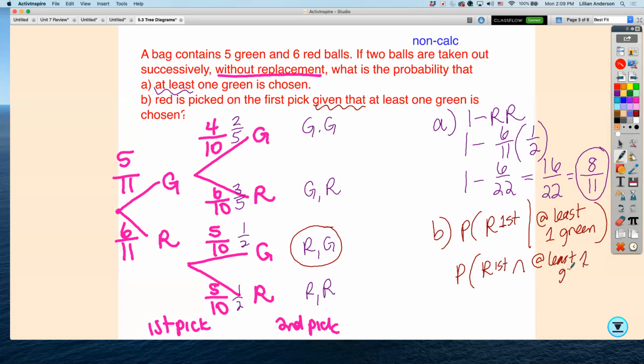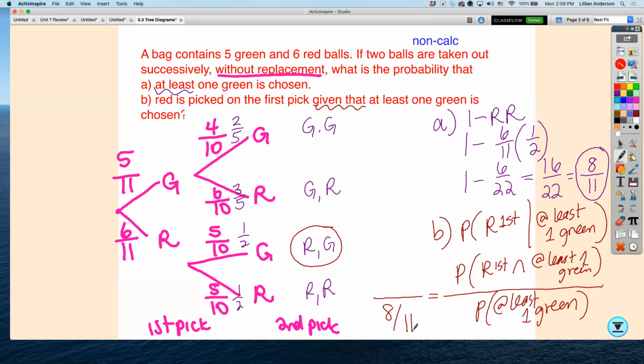So then that would be that option. But then I have to divide it by the probability of it being at least one green. Didn't I figure that out in part A? Yep. Sure did. So my denominator is 8/11 because that was the probability of getting at least one green.